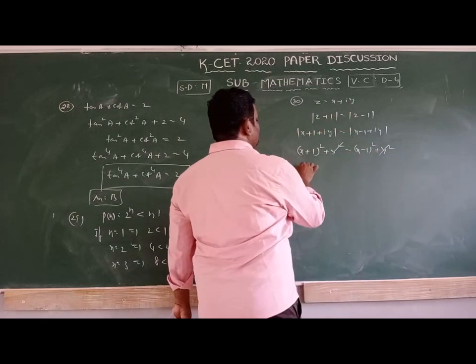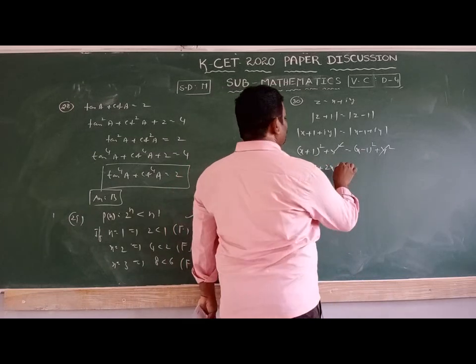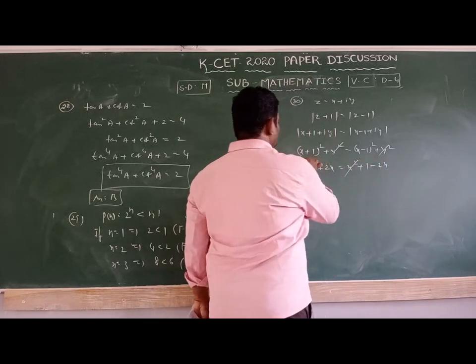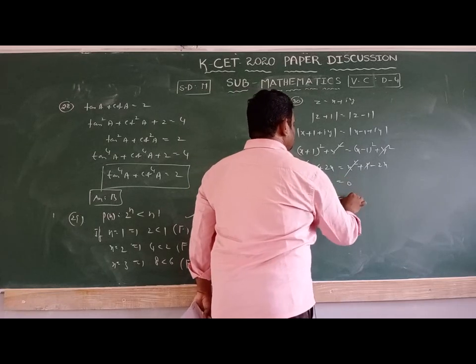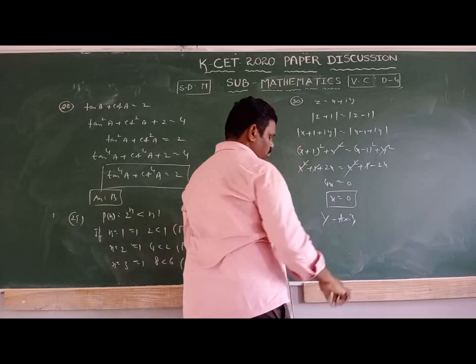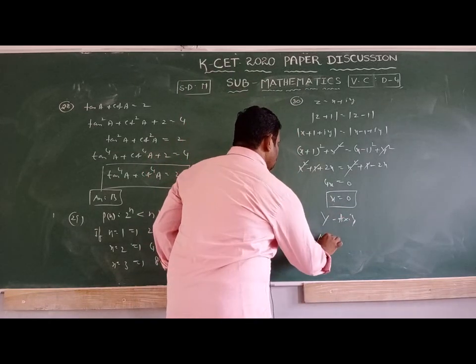Y square is eliminated: x square plus 1 plus 2x is equal to x square plus 1 minus 2x. X square and 1 cancel, so 4x is equal to 0, x is equal to 0. This represents the y-axis equation. Which option is correct? First option, answer is A.